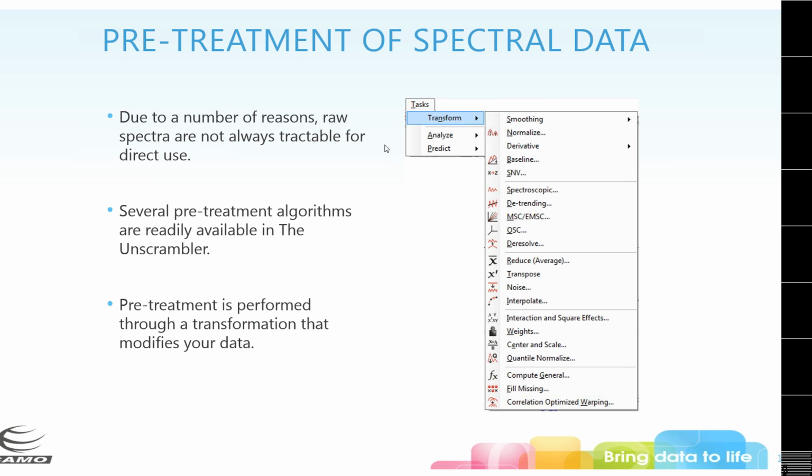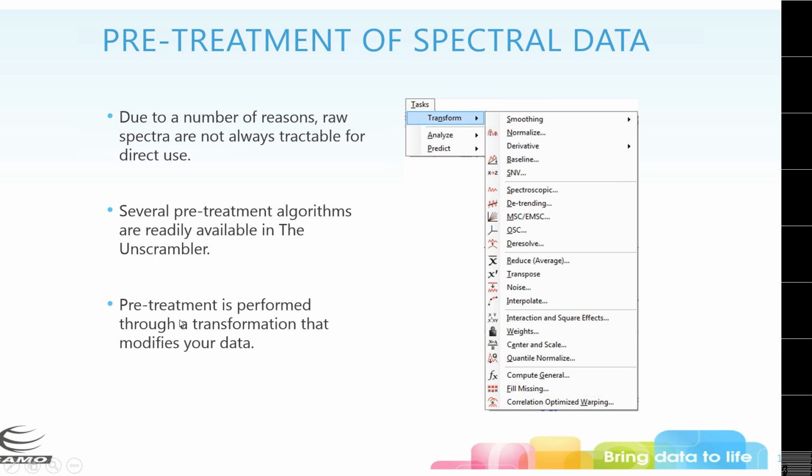So in the Unscrambler, we have all kinds of ways to pre-treat our data. We know a lot of times you just cannot use raw spectra or your straight process variables. So we have lots of very spectroscopic type pre-processing and smoothings, derivatives, things like that.